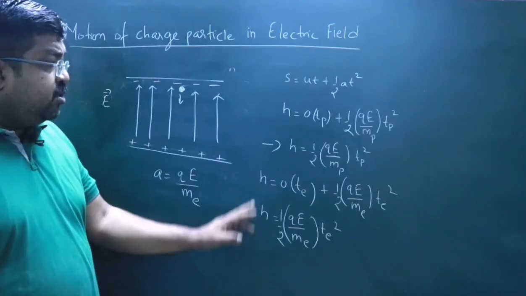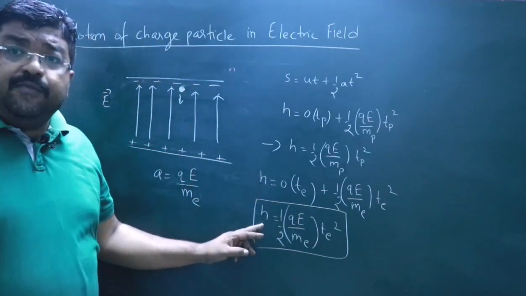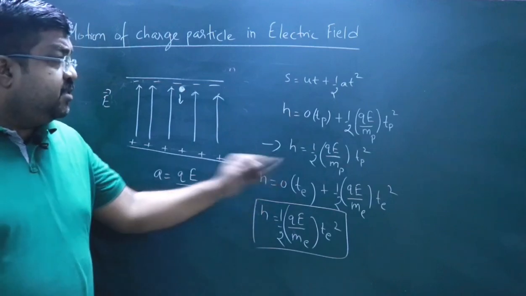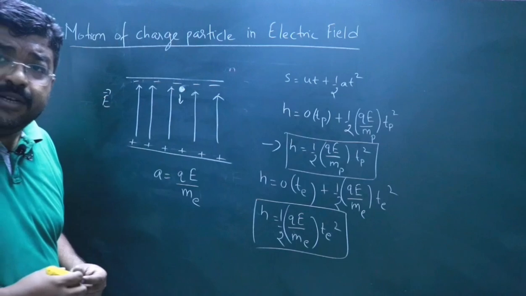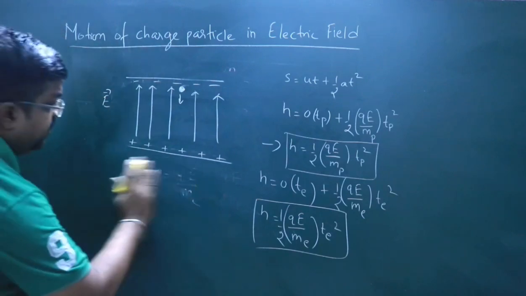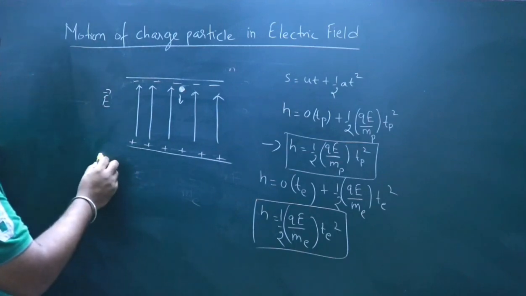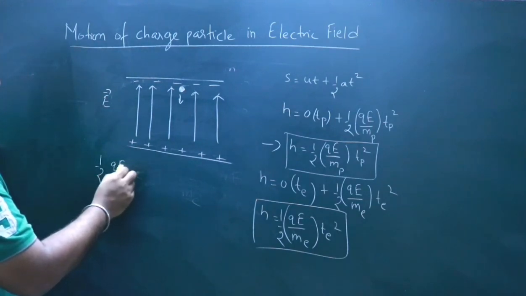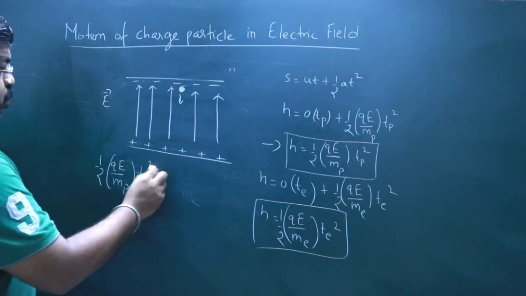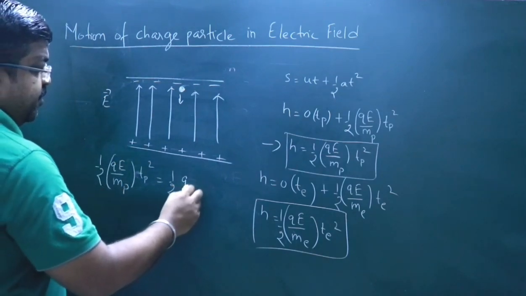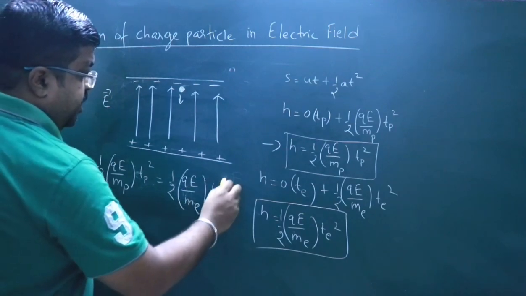Okay, so now see, this is the expression for the displacement of the electron and this is for the proton. Now both are covering the same distance. So since both are covering the same distance, I can equate these two expressions. So I have half QE by MP Tp square is equal to half QE by ME Te square.